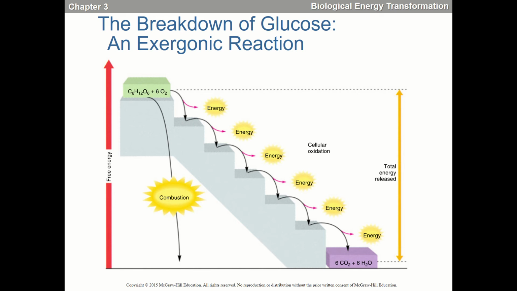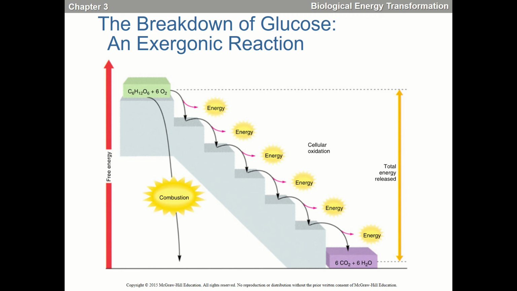So in a biological system, we tend to slowly liberate energy from a given molecule so that we can get the most energy out of it in the most efficient way possible. Now, what we could do is take a glucose molecule and set it on fire and get a massive amount of energy from it all at once.